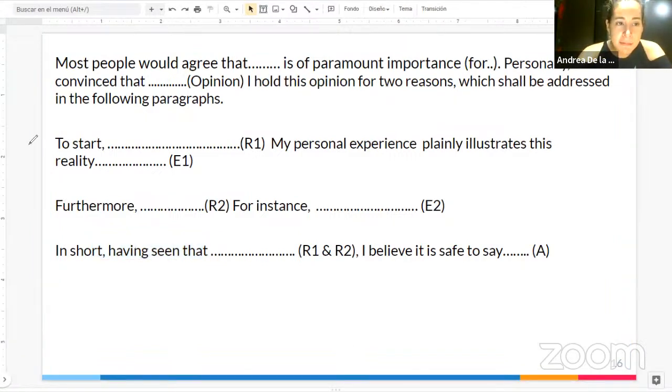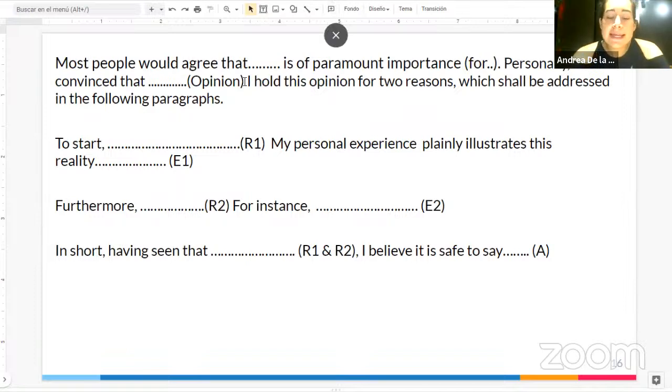This is going to be body paragraph number 1, where you will basically talk about your first reason. And then you have body paragraph number 2, where you will talk about your second reason. All right? Any questions so far about that structure? Introduction, body, and conclusion. 2 reasons, 2 examples. Any questions?